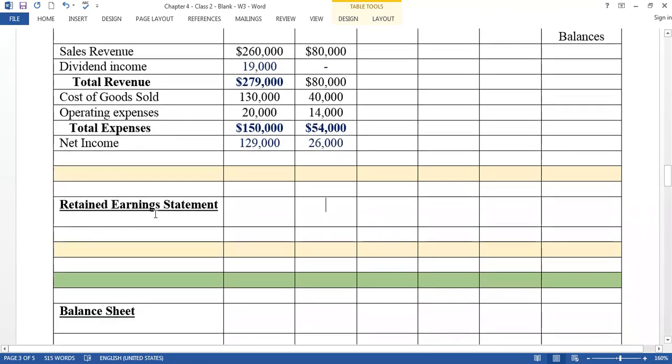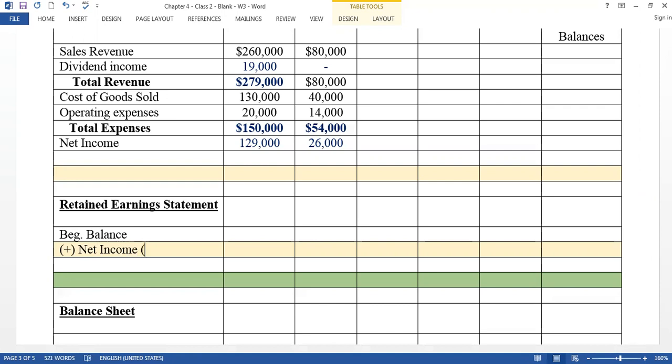Then come to the retained earnings statement. Can you remember the formula for retained earnings? Beginning balance plus net income.